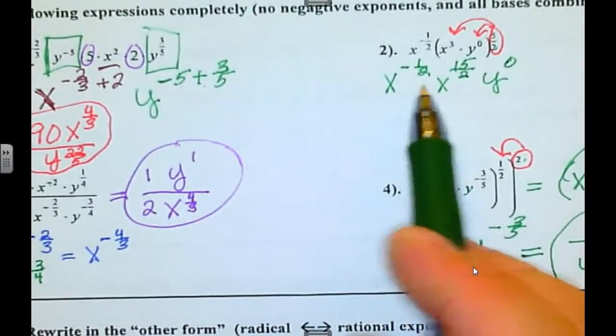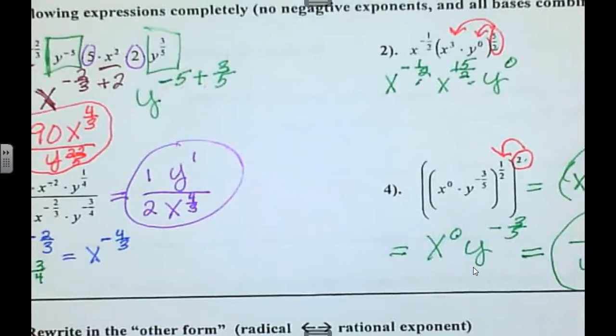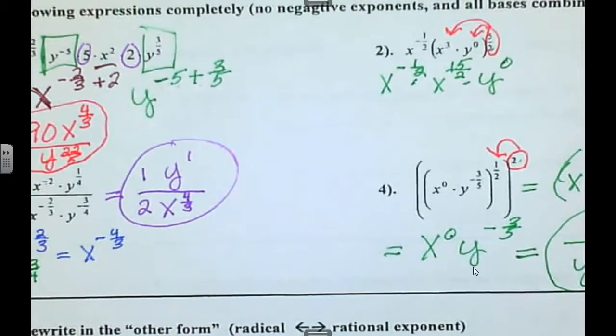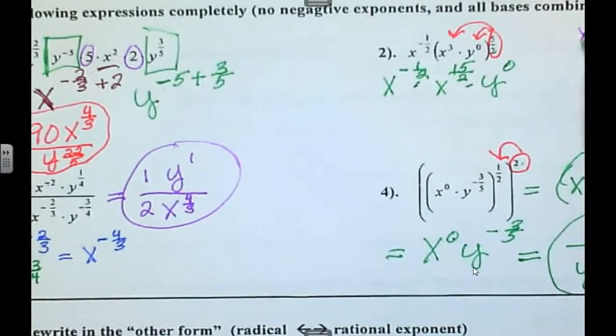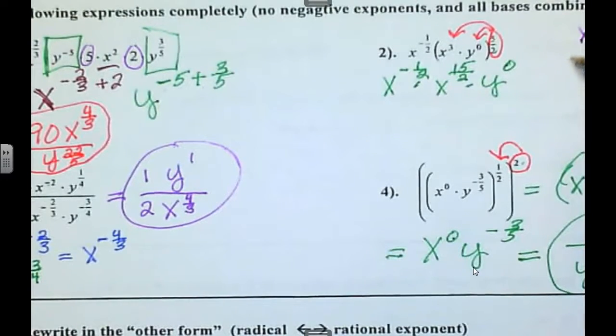Okay, now I've got multiplication between the two, right? So now what am I going to do with the exponents? Add the exponents. Okay. So I've got... You put 1 there, you could just leave it off too, if it's not holding a place.